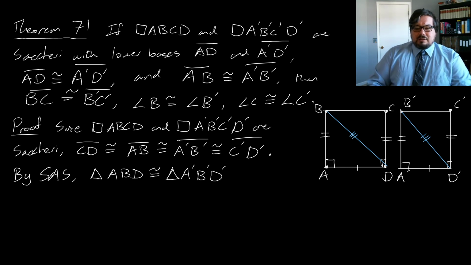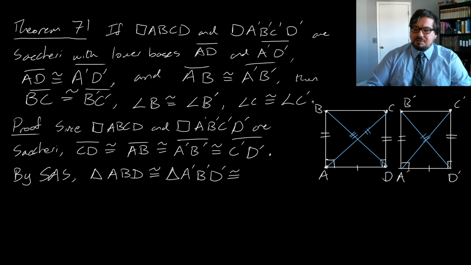These two triangles, though, are also congruent to the triangles that we get going the other way. Sorry, I forgot that we wanted to put in the other two diagonals as well. So these other blue lines are also going to be congruent there by side angle side again.